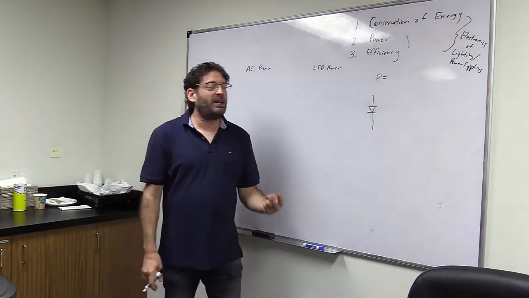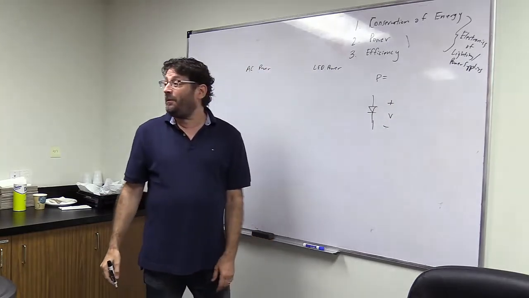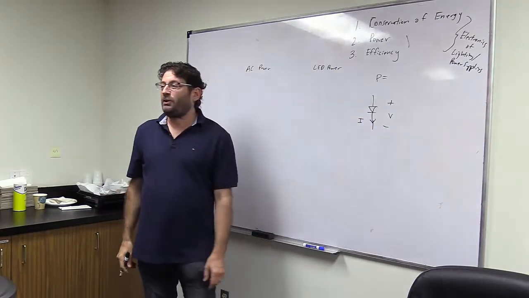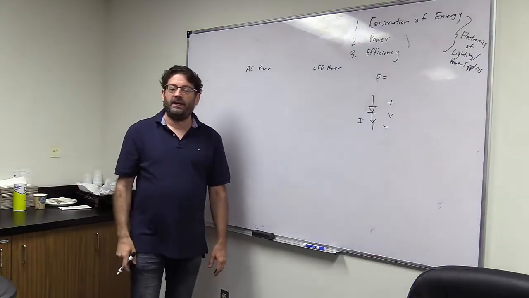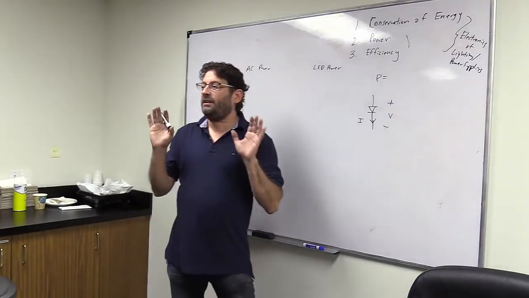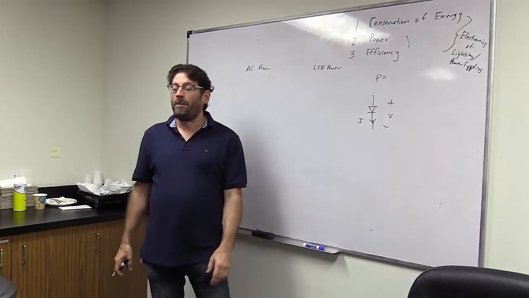I only care about two electrical properties: the voltage that's across it and the current that's flowing through it, because those are the only two things that electronics really in the end cares about. You might argue there are electric fields and magnetic fields. Yes, yes, yes. We're not going to go there. We're going to just say that this is all we care about for now.